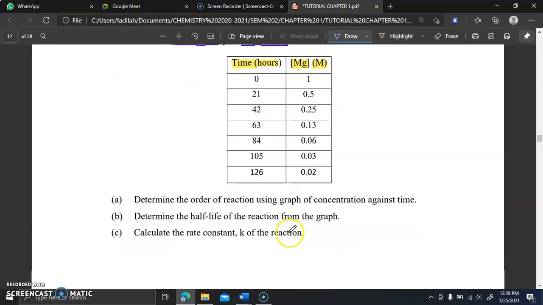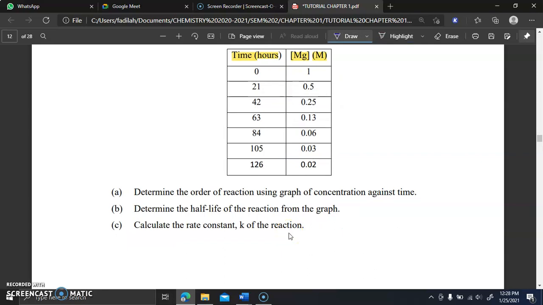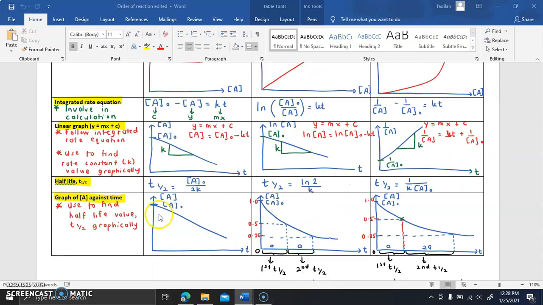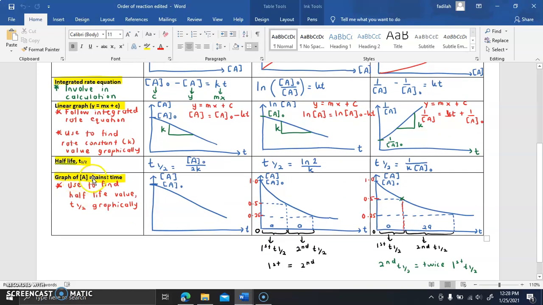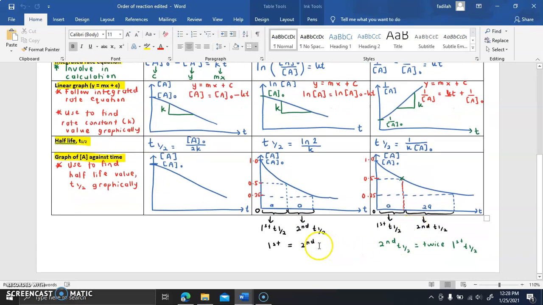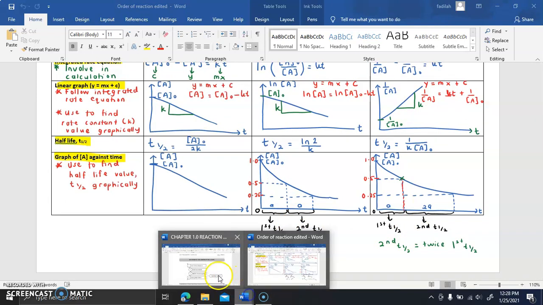The question asks you to determine the order of the reaction using graph of concentration against time. So class, kalau graph concentrations against time, nanti kita akan guna graph ini kita panggil sebagai half-life graph. So seperti mana yang kita dah belajar dalam handout, when we plot concentration against time, the graph can be used to find the half-life and also boleh digunakan untuk determine order of reaction.